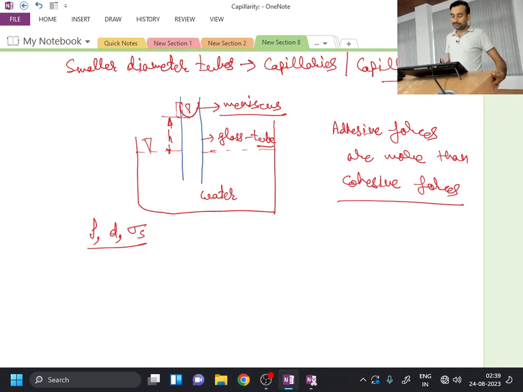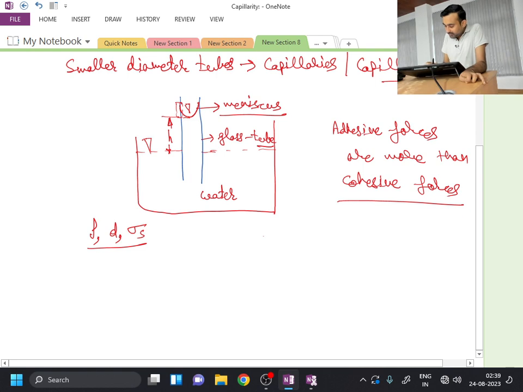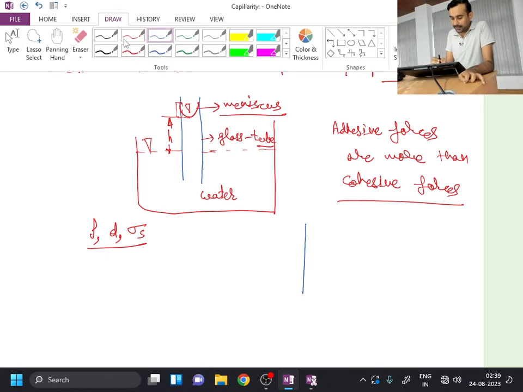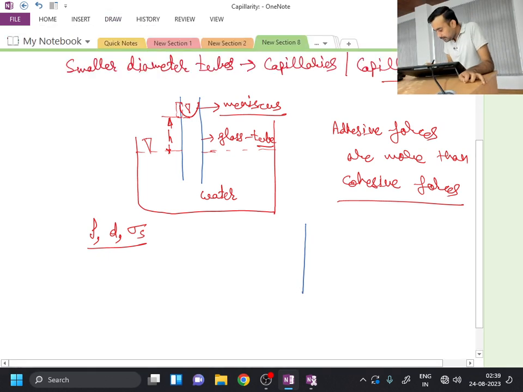Okay. So typically, if I draw the enlarged tube surface over here, you will find that this is the tube surface, and this is the meniscus over here. Okay. If you draw a tangent at this point, a tangent through the water surface, this is the direction of the tangent.